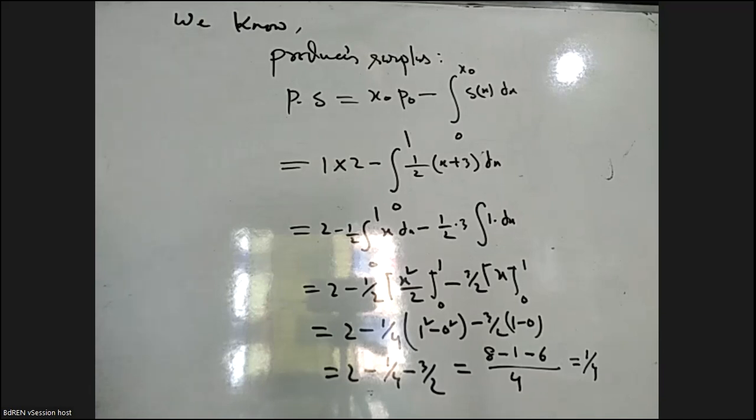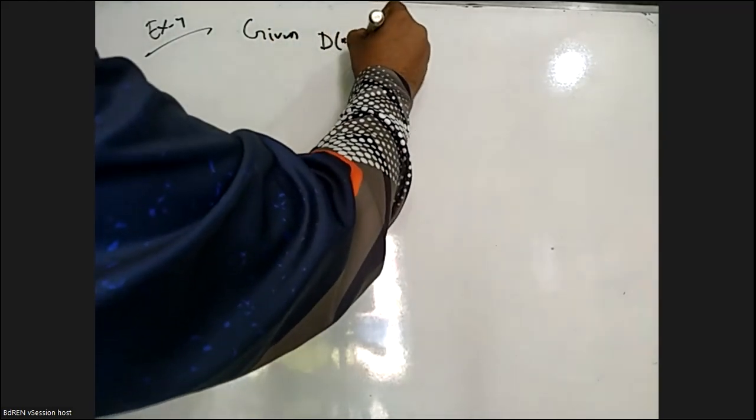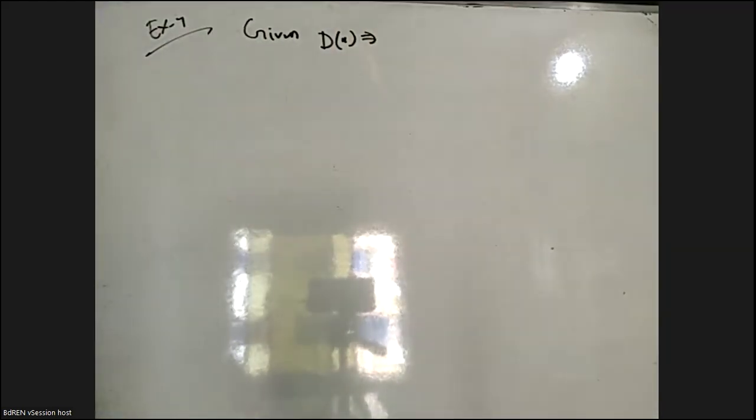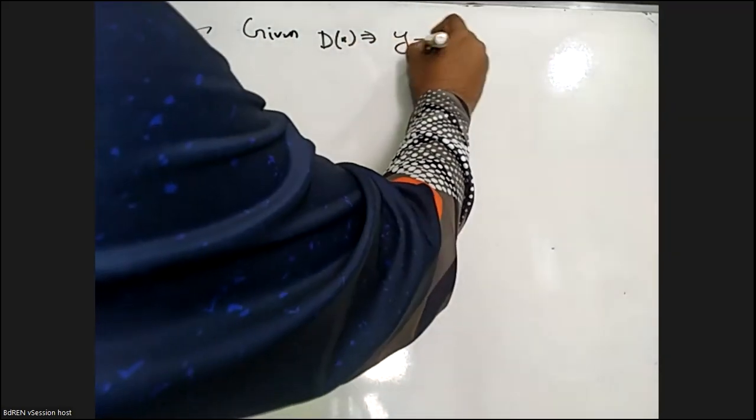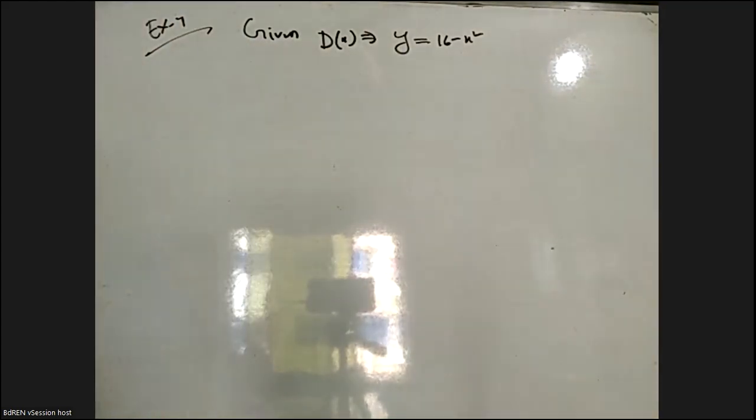Now, for the fourth problem, example number 4. In problem 4, the demand function is given, y equals to 16 minus x square, where x is the quantity and y is the price.